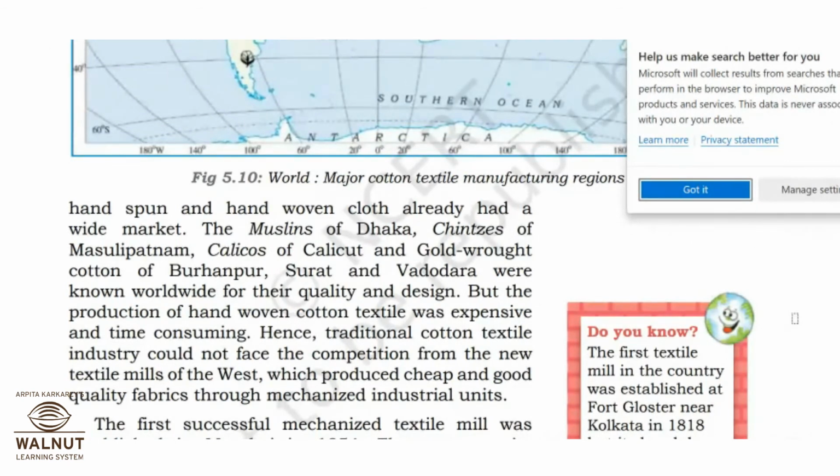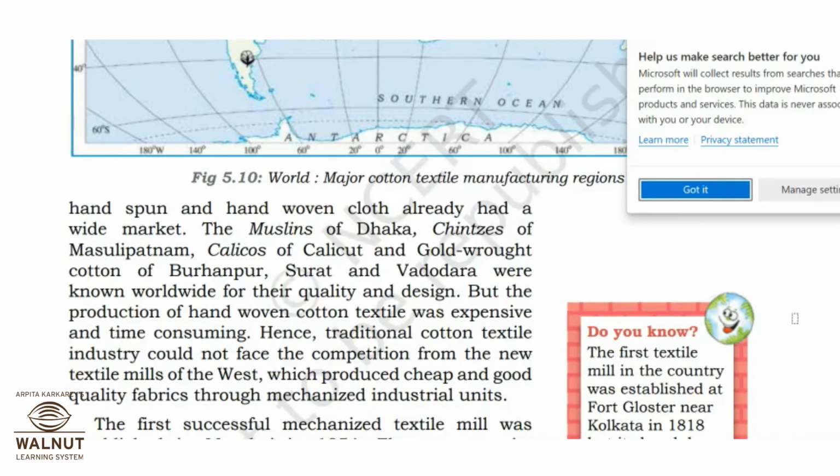If you buy handmade paper, you will find it very costly. But if you buy a notebook, it may be cheaper. Why? Because machine produced goods are very cheap in price as compared to handmade products.